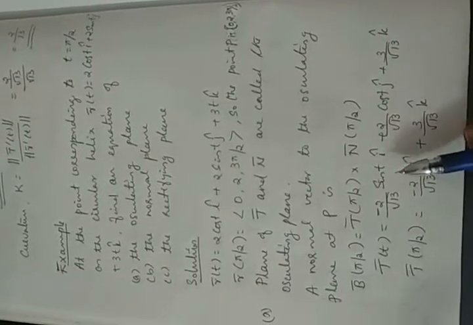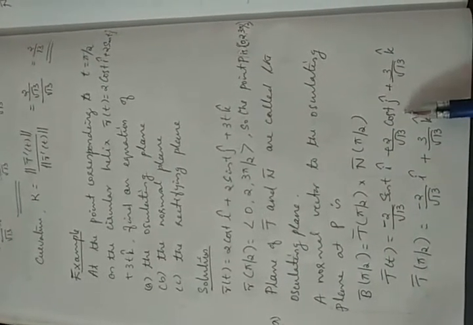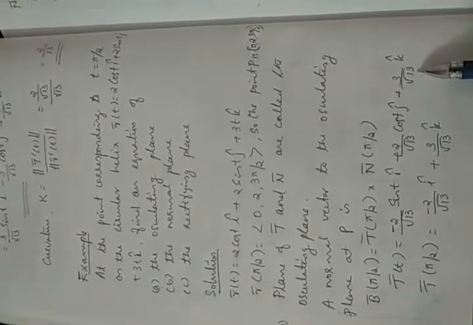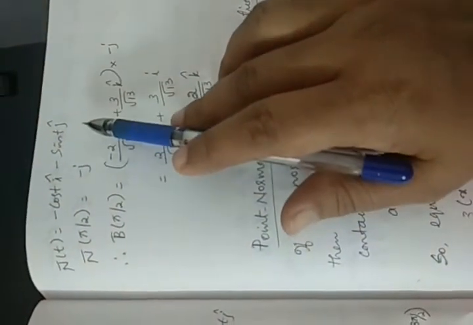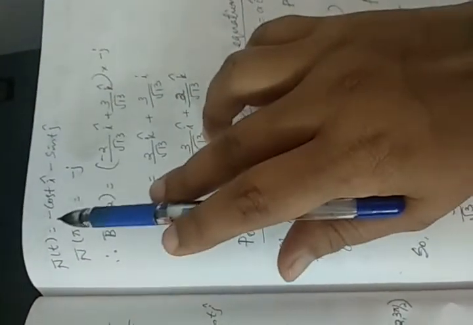So we have vector T equals negative 2 by root 13 sin t i plus 2 by root 13 cos t j plus 3 by root 13 k, and similarly vector N equals negative cos t i minus sin t j. We have already found this T and N in the previous example. So T of pi by 2, we put t equals pi by 2 here.